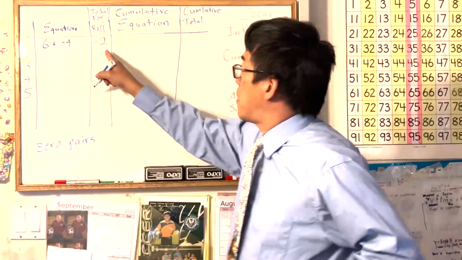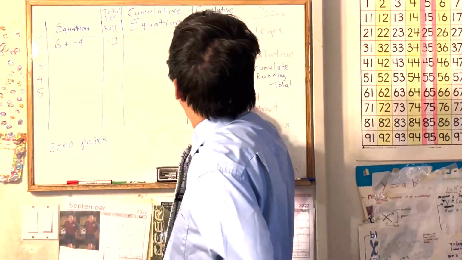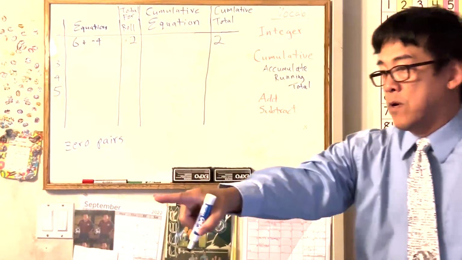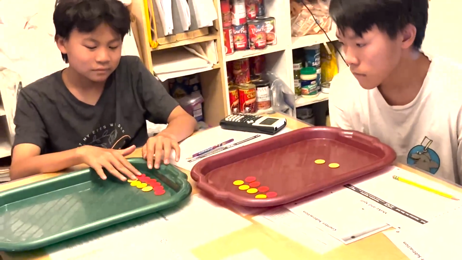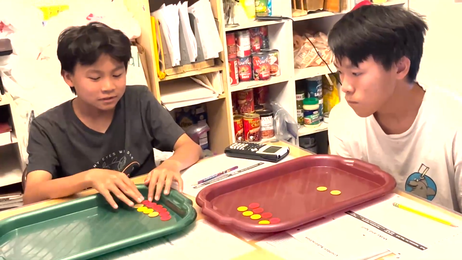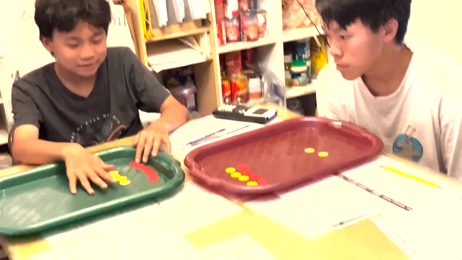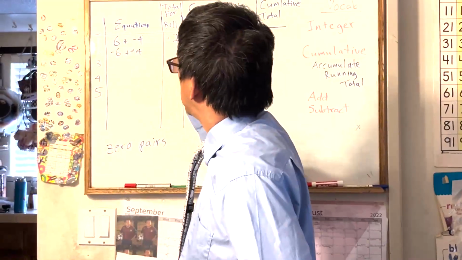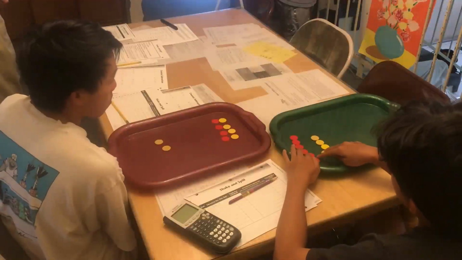So far our total is 2. Okay. Now, let's take the second one for Jaden's color counters. What's your equation? Negative 6 plus 4. What does that give us when you separate the zero pairs? Separate them, please.